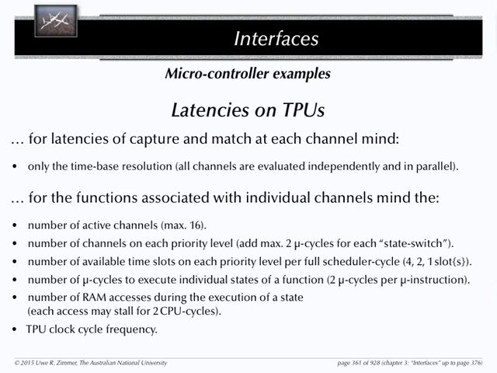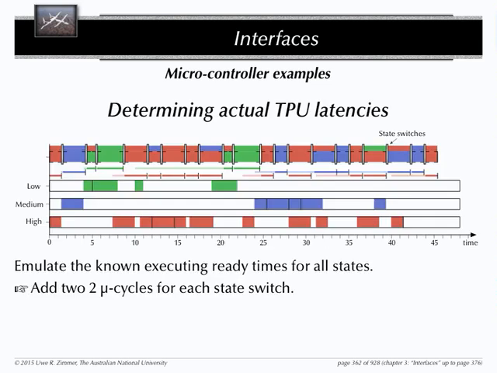I need to know the amounts of RAM access, because the RAM access will give you a little delay in the whole process. You have an extra cycle per RAM access. Same as what you, by the way, had in ARM programming in the past. If you have done that, RAM access is just half the speed of normal one in the embedded world. And for every state switch, you also need to add 2 microcycles. So we're getting a little closer.